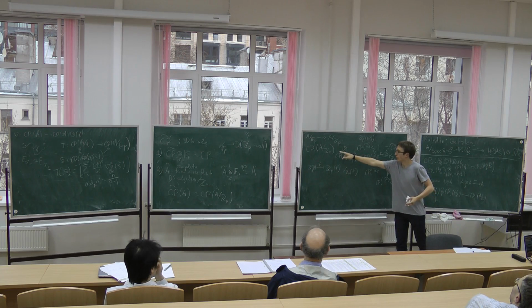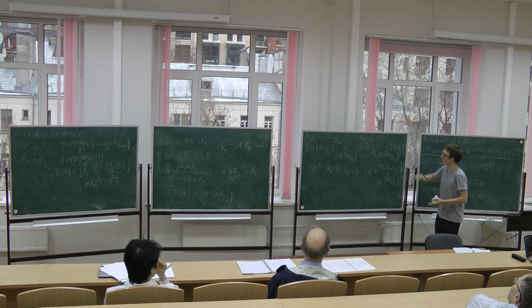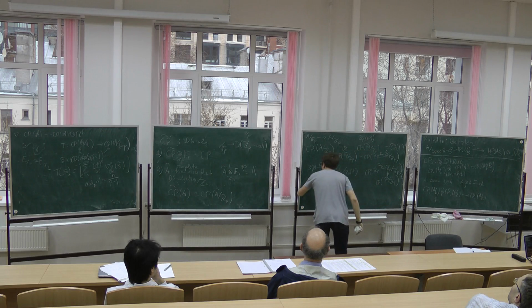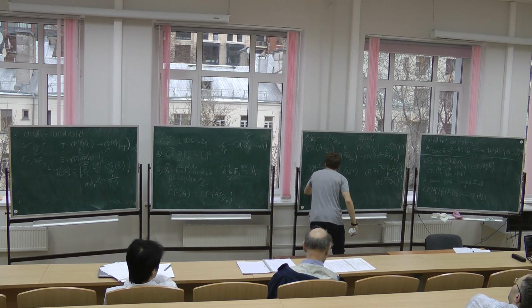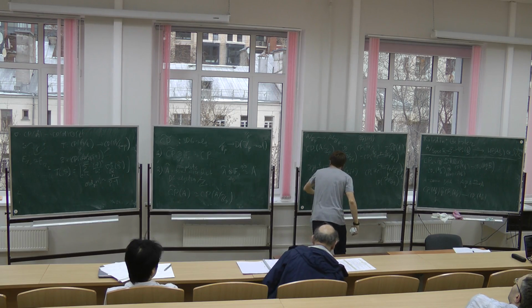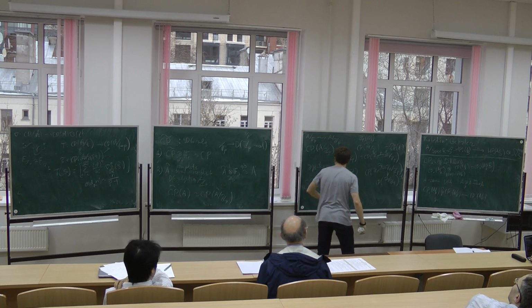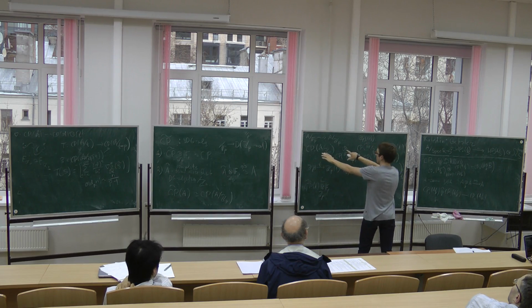Now let me explain why this is actually a lifting of periodic cyclic homology: just tensor A with F_p over Z_p. So we need just to tensor everything here by F_p.